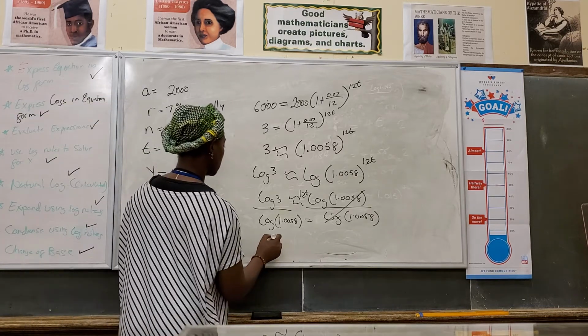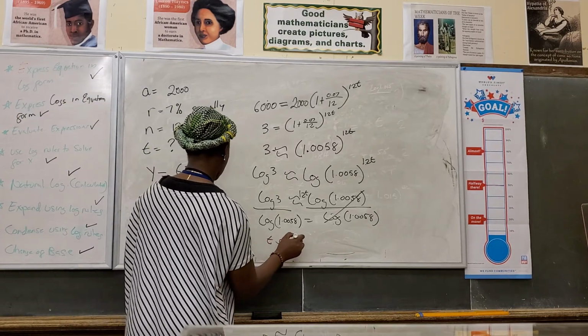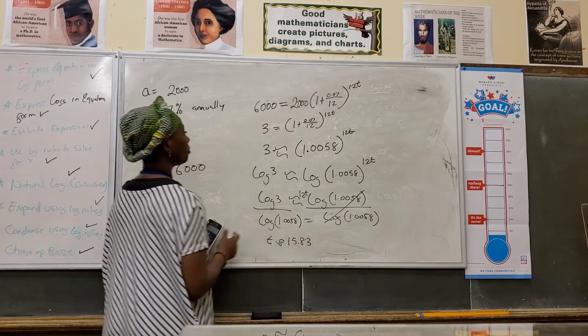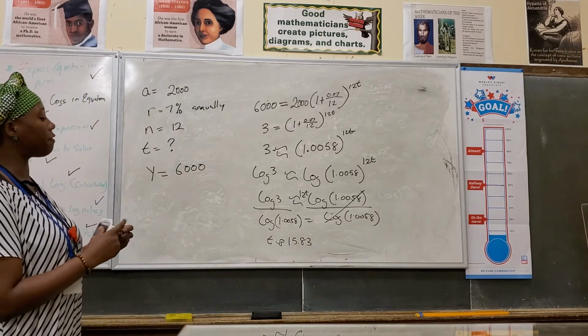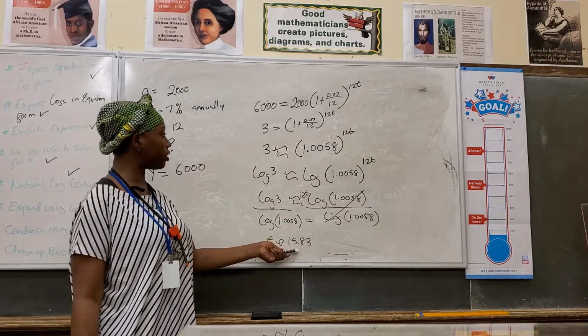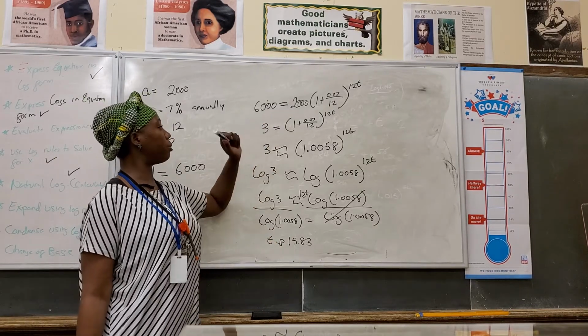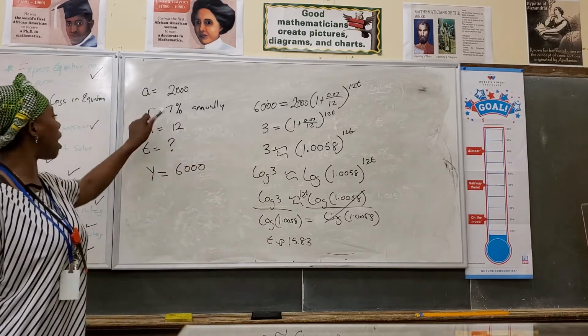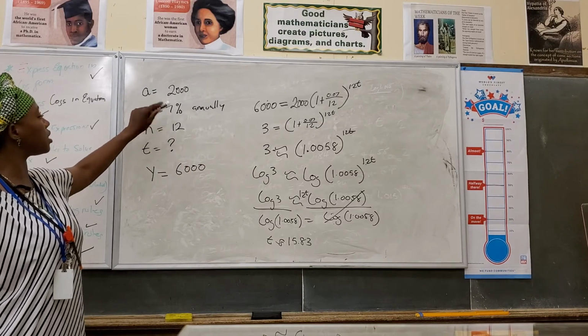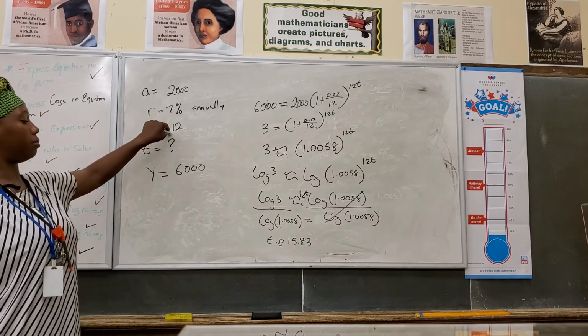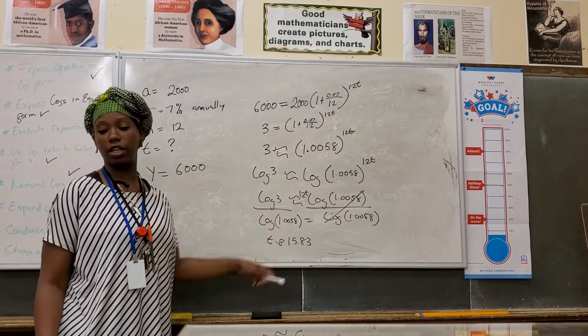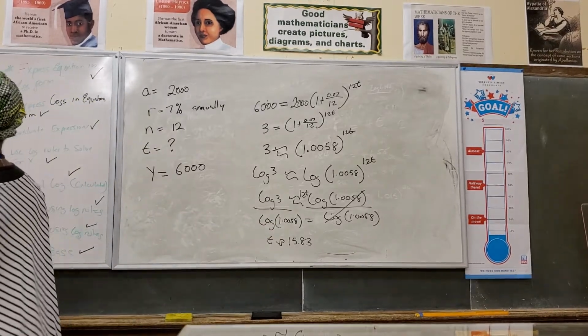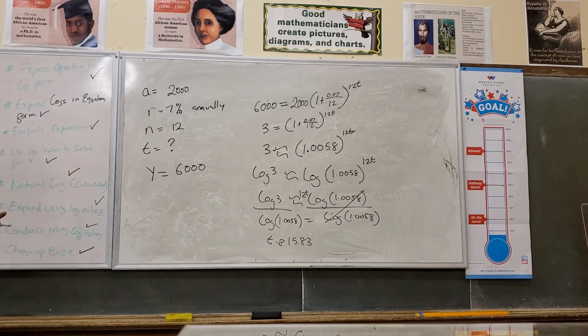So t is approximately 15.83. So that means in 15.83 years, 2,000 will become 6,000 if it's being compounded at a rate of 7% compounded monthly. 15.83 years. And that was the last thing that we needed to do.